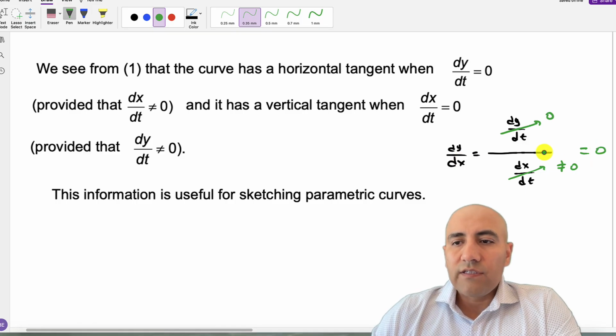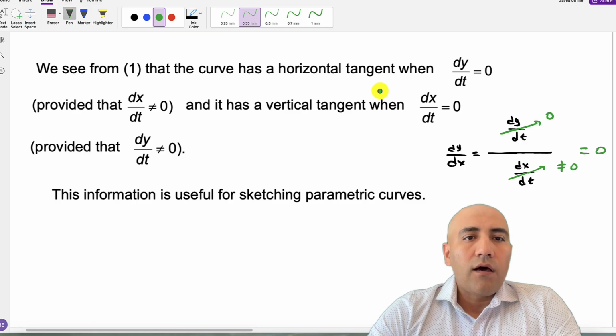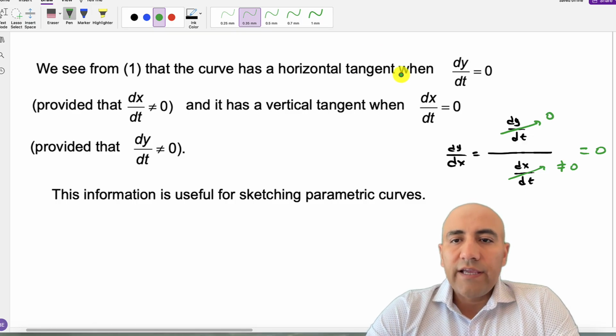And so when the derivative is equal to 0, that's when we have a horizontal tangent. Good. So a horizontal tangent when dy/dt equals 0, provided dx/dt does not equal 0.